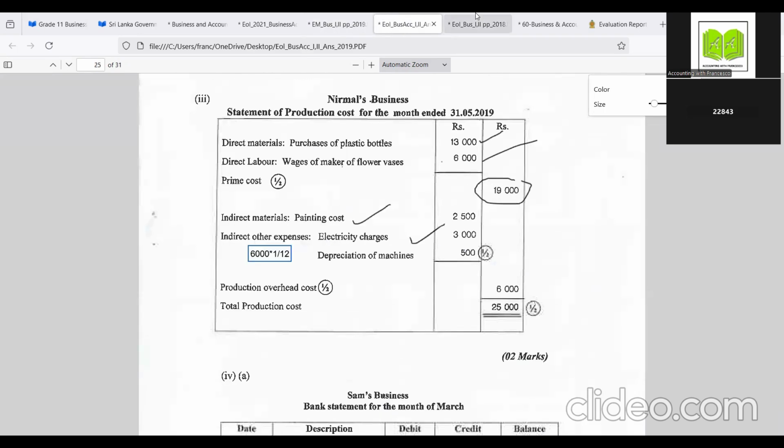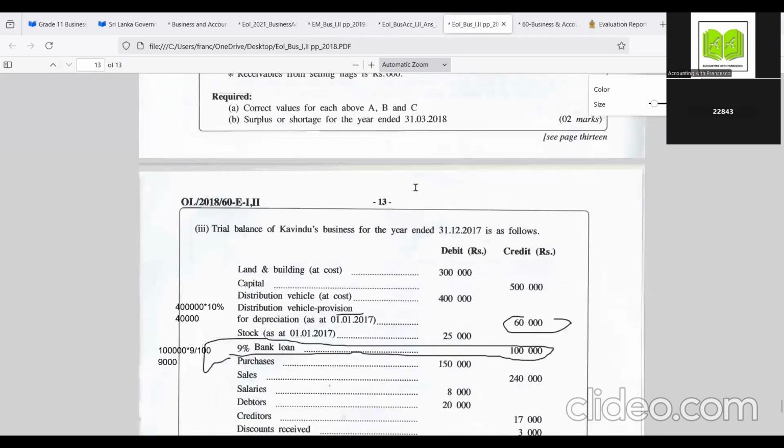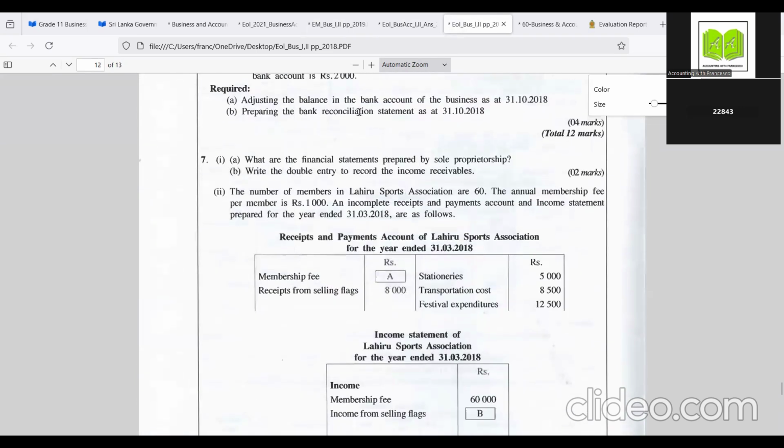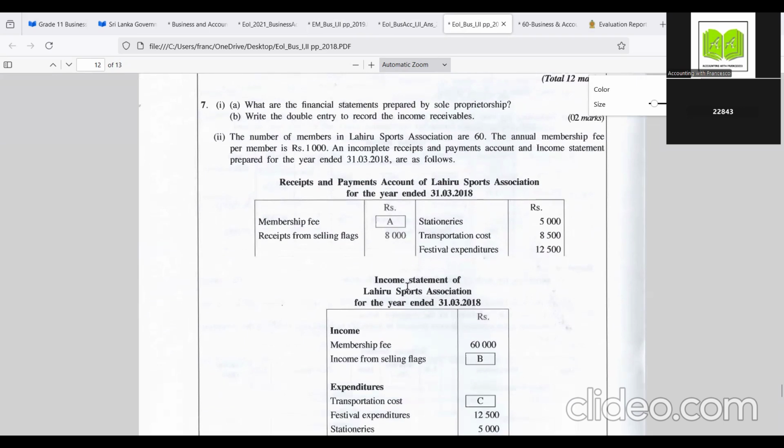Okay, so let's see the 2018 paper as well. In 2018, yes, we have a not-for-profit question. They asked for the membership fees. Now see, it's like what I explained in 2019. They ask you to fill in the membership fees. So here, there are 60 members.